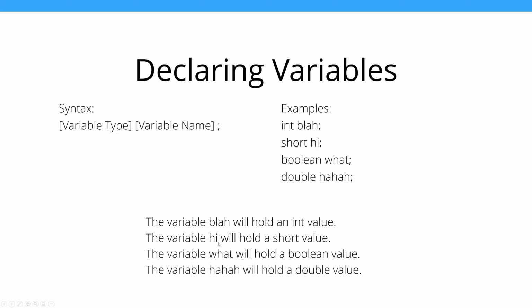The variable hi is the name of the variable, and will hold a short value, the type of variable. The variable what, the variable name, will hold a boolean value. And finally, the variable haha will hold a double value. So the syntax is pretty simple. You put the variable type first, then the variable name, and then you have a semicolon.